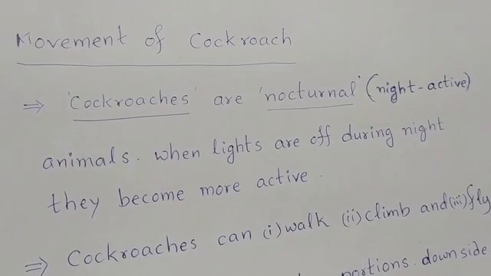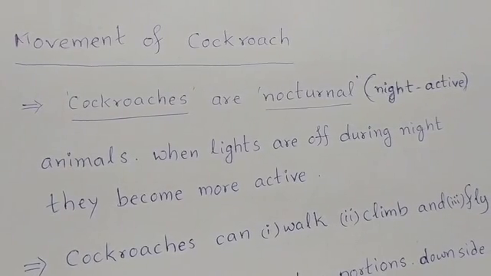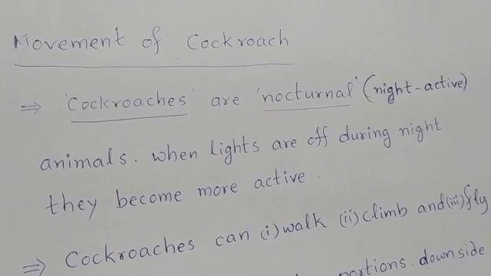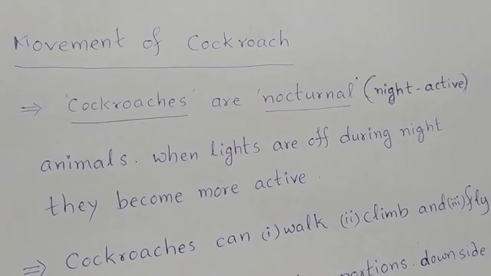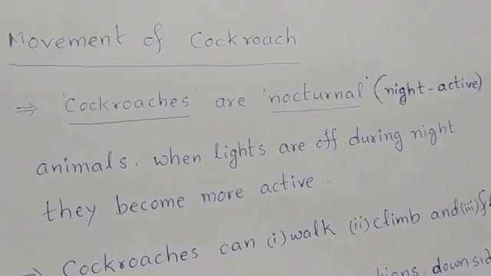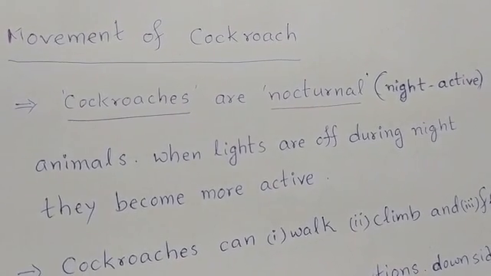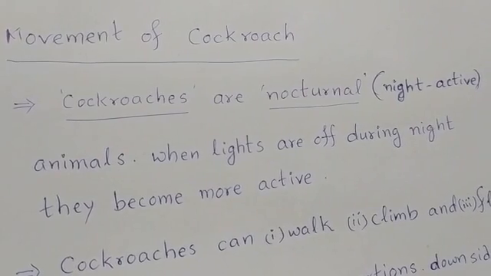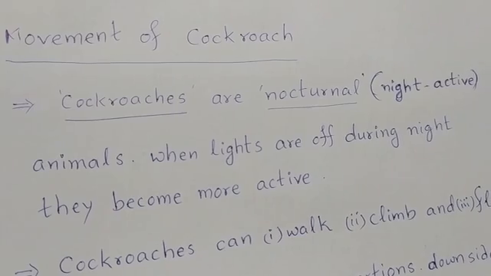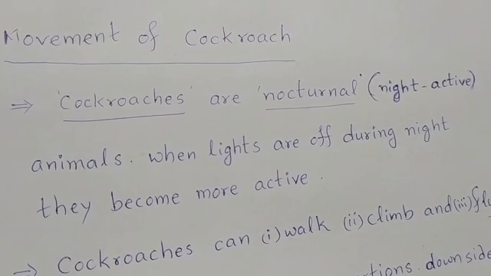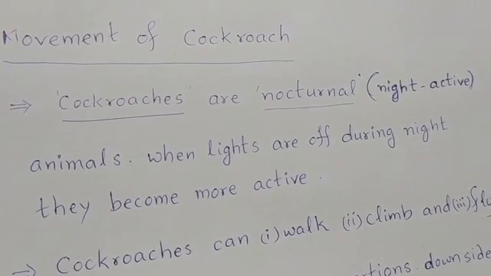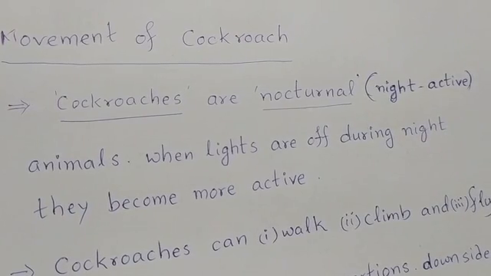Now let us understand the movement or gait of a cockroach. Cockroaches are nocturnal animals. Nocturnal means night active. We are day active animals, that is diurnal animals.